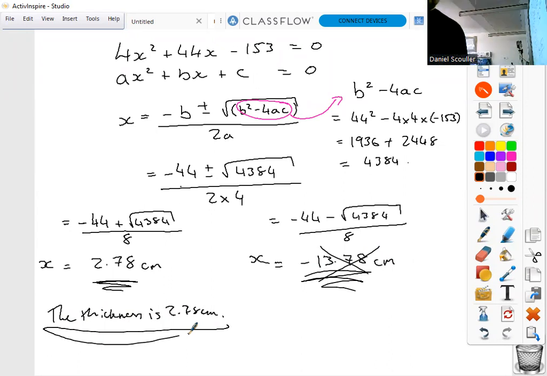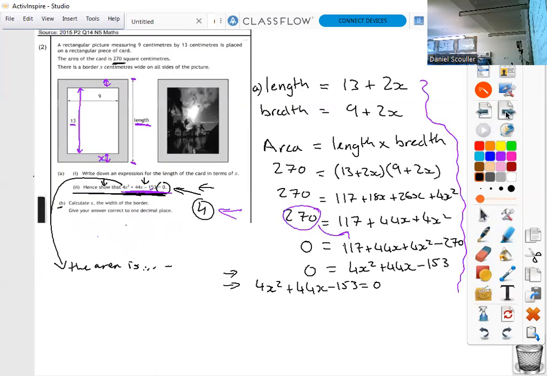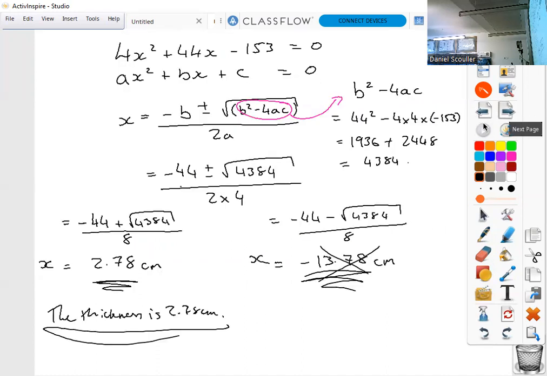Okay, so that's past paper 2015. Question 14, paper 2, so your calculator paper.